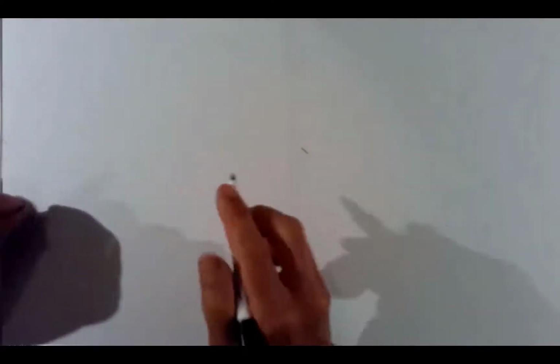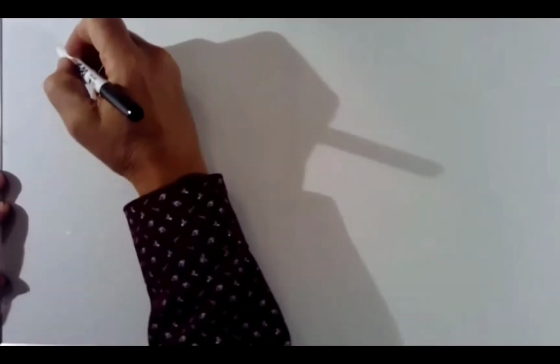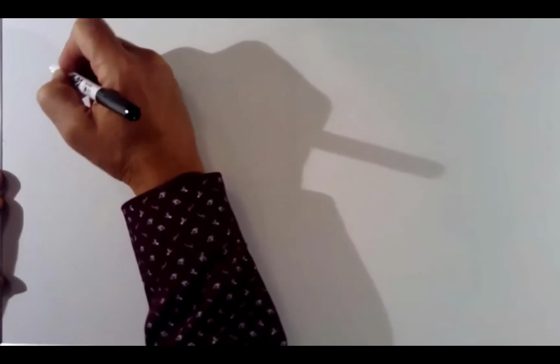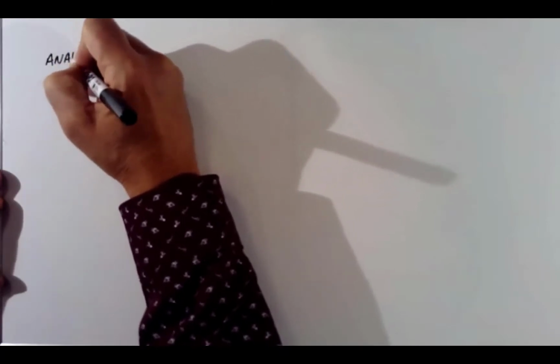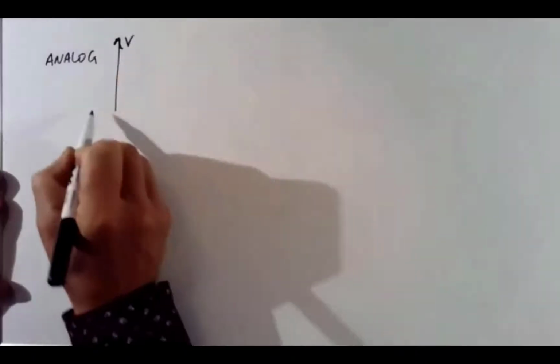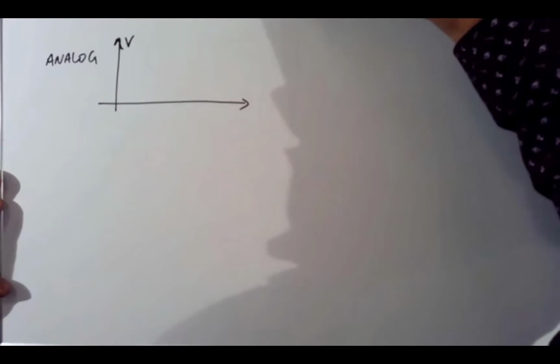Okay, so let's talk about analog and digital signals. I'm going to draw a plot here that shows an analog signal and a digital signal. So analog might look something like this. This is a voltage versus time.